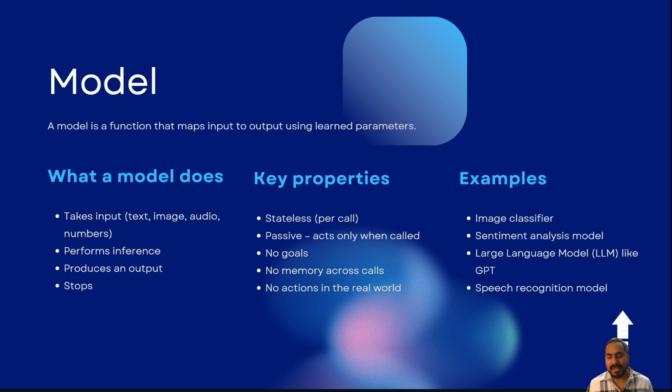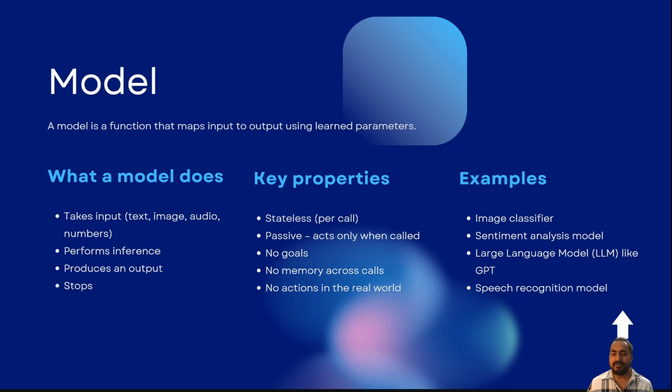A model doesn't want anything. It doesn't try to achieve outcomes. It just maps inputs to outputs. Four, no memory across calls. Ask GPT-4, the model, a question, close the session, ask again, it doesn't remember you. Five, no actions in the real world. A model can say send an email, but it can't actually send an email.